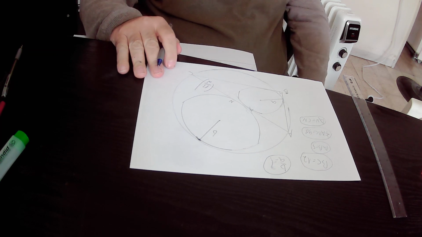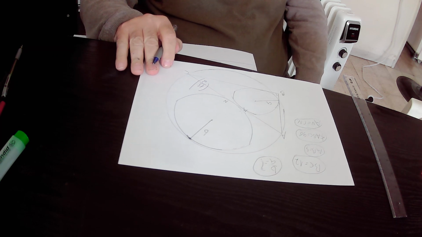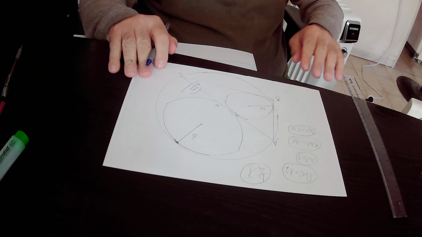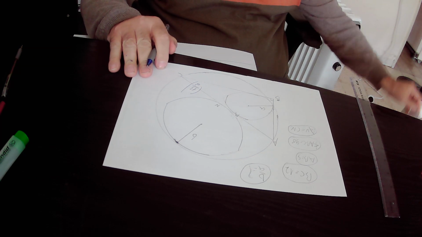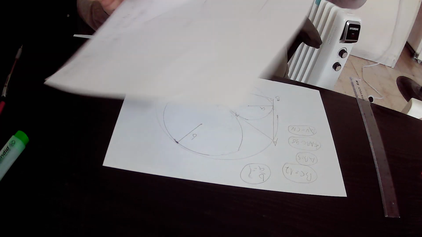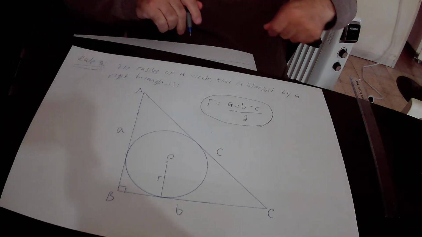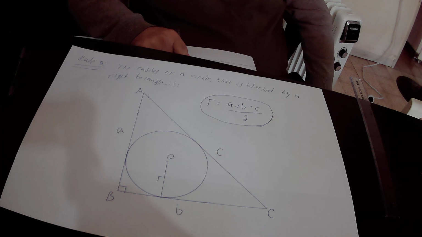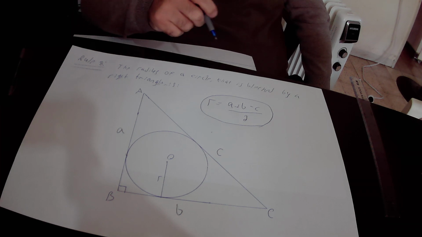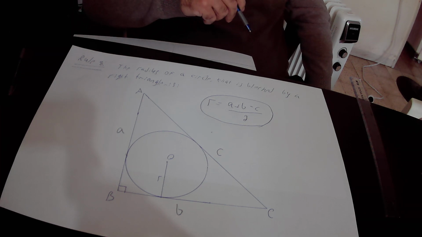In the next step I present to you a new rule, number 8, and we'll implement rule number 8 in our drawing. Moving to rule number 8: the radius of a circle that is blocked by a right triangle equals R, the radius equals A plus B minus C over 2.